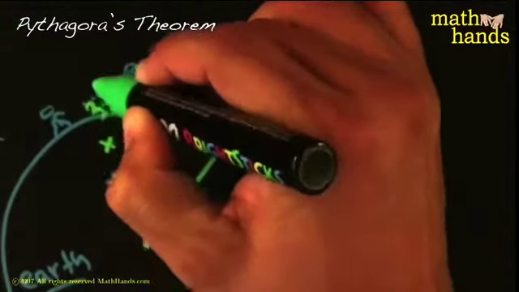Let me zoom out just a little bit so you can see the whole picture. And then you could FOIL this, and here all you have is an equation that we can solve. So I'll square this: x squared plus 2 times 3.84 x plus 3.84 quantity squared, and that's equal to x squared plus 174 squared.